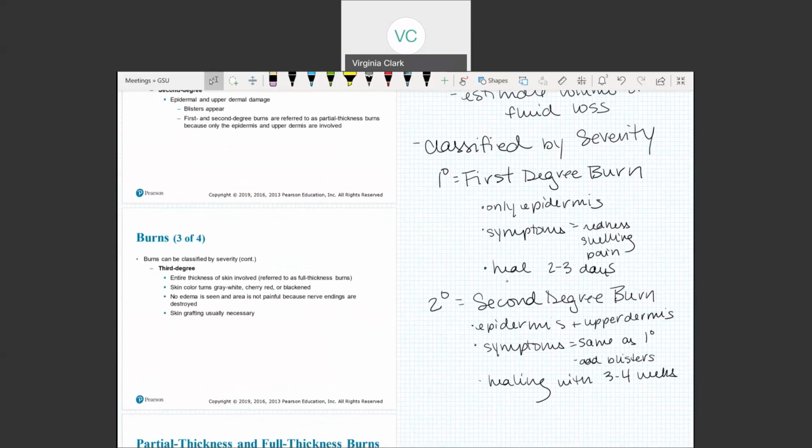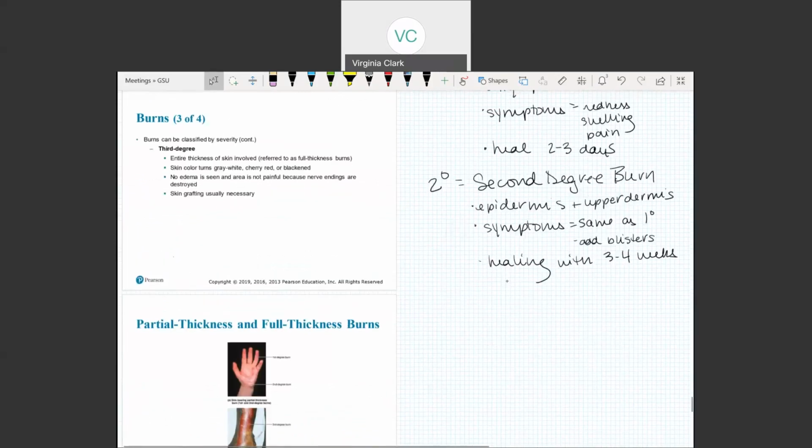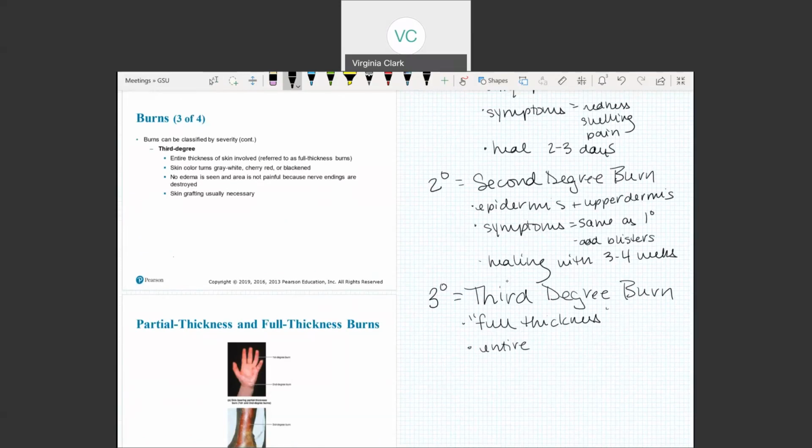And then when you have third-degree burns, a third-degree burn is the most severe burn that you can have. This so-called full thickness burn basically means that you have burned through the entire epidermis plus dermis.